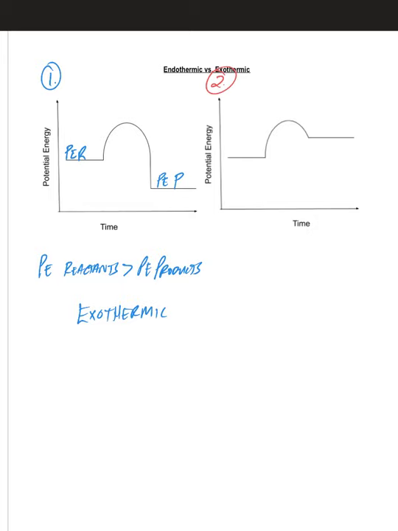Versus if the potential energy of the reactants is less than the potential energy of the products, we're going to say that it's an endothermic reaction. So that's the first way that we can tell whether it's exo or endothermic.